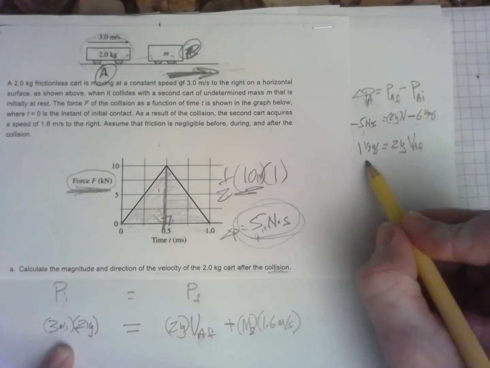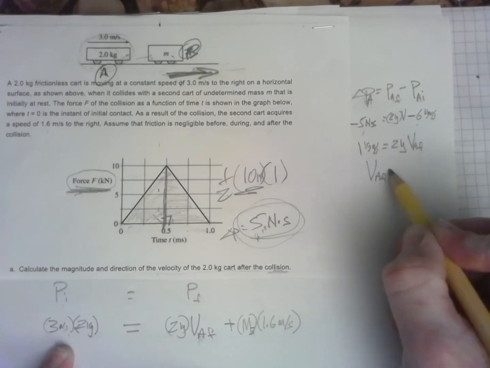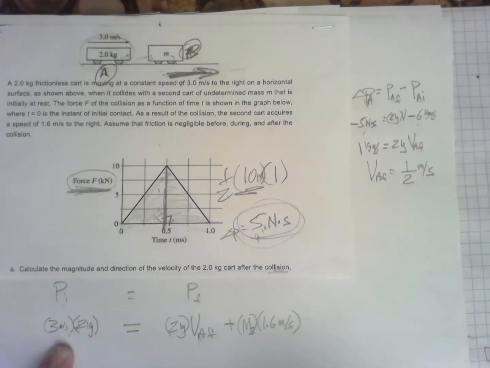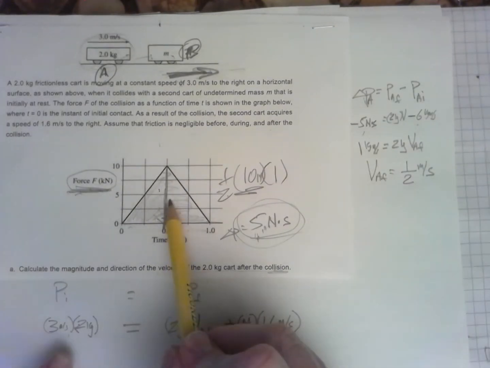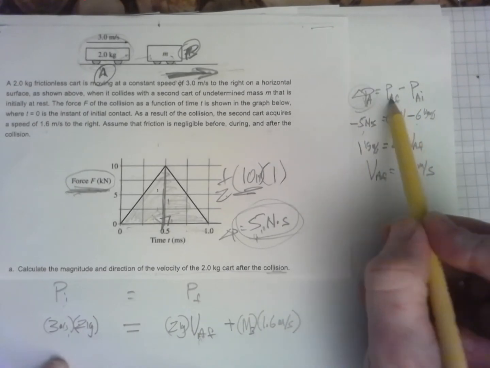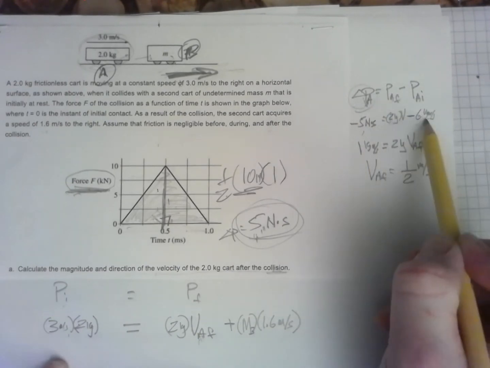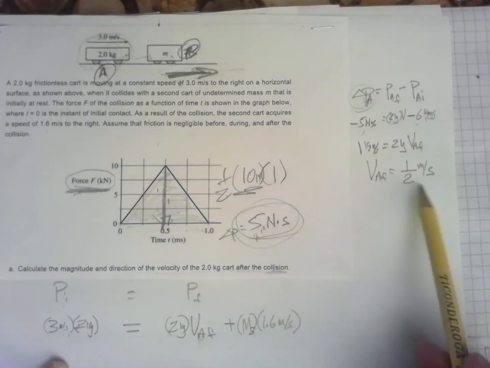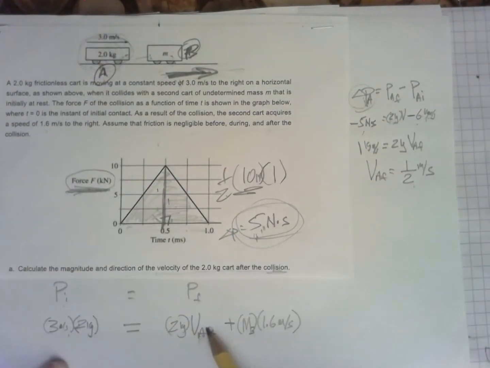So I have a velocity of the A cart final that is 1/2 of a meter a second. So using the impulse, the change in momentum, and the final and initial momentum expressions for the cart A here, what I've called cart A, I was able to find that velocity. So I know this is 1/2.